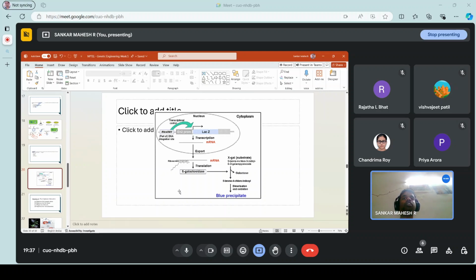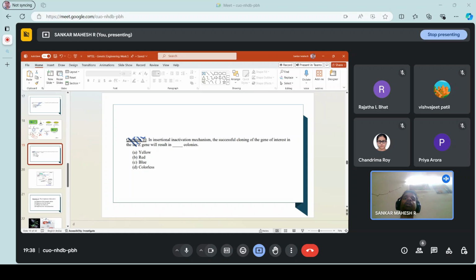Now here, when we do these kinds of experiments, we give it a substrate called XGAL, which in the presence of beta galactosidase will produce a blue precipitate. But here we introduce a new term called insertional inactivation. Instead of the LAC-Z gene, we'll place our gene.